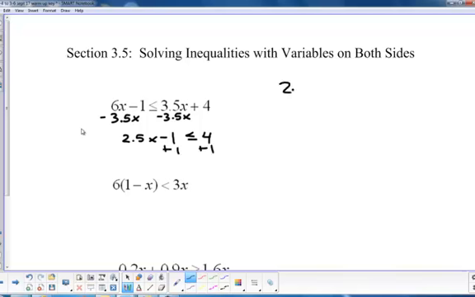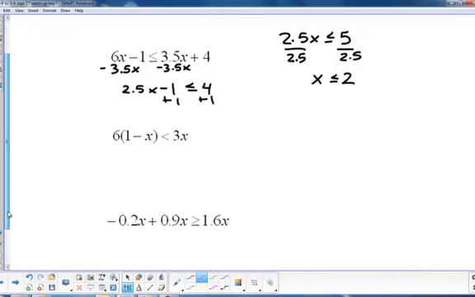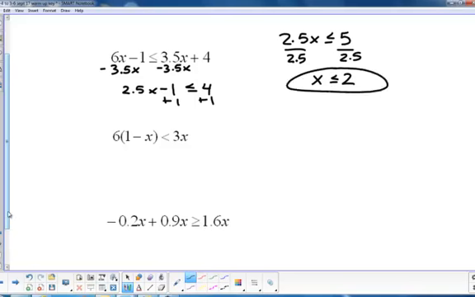So 2.5x is less than or equal to 5. Then we would divide by 2.5, getting x is less than or equal to 2. And this doesn't ask to graph. I'm going to assume that you're graphing experts now, so we're just going to solve. And it's always great to check your work, so feel free to plug that in and make sure it works.